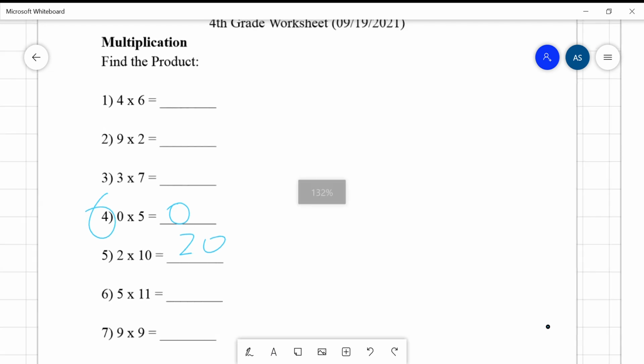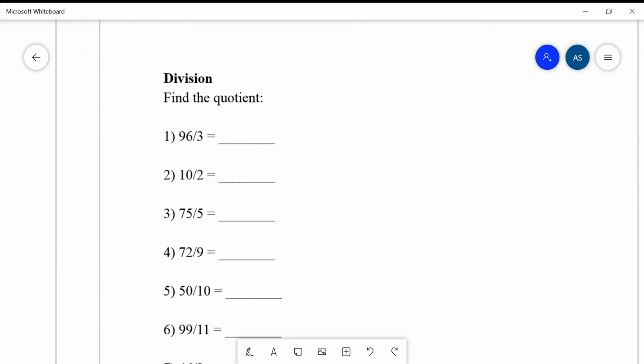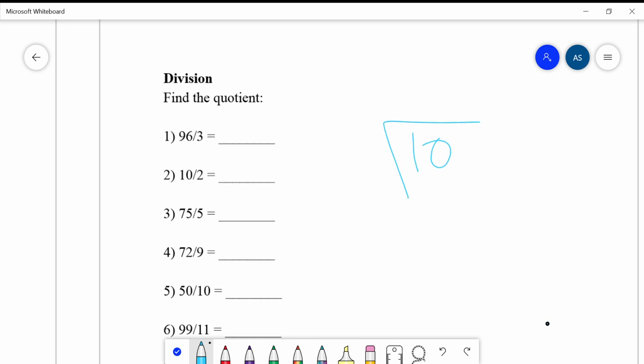Let's move on to our next page, which is division. For this one, let's look at number 2 maybe. You are dividing 10 by 2. The 10 will go inside the house, if you understand what this is, and the 2 will go outside the house, right? 2 can't go inside 1, so we have to multiply 2 by a number to equal 10.